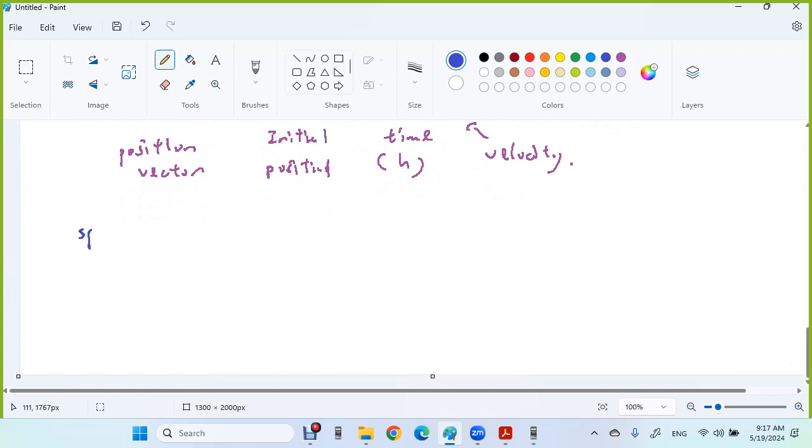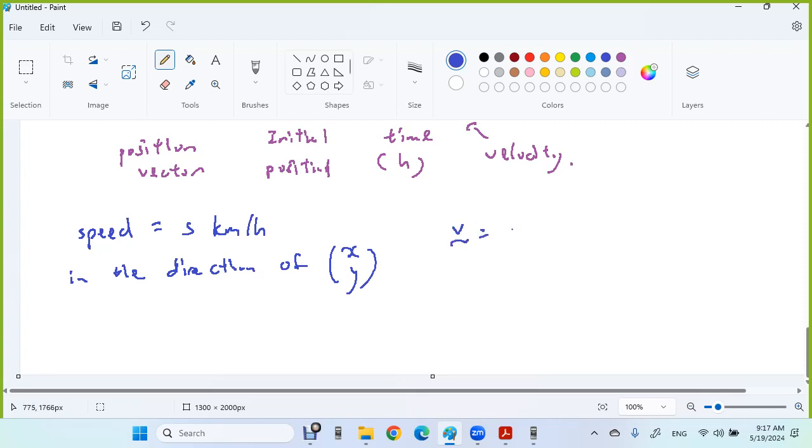Sometimes they will give us a speed, say s km per hour, in the direction of (x, y). Then if we want to find the velocity, the velocity will be the speed times the unit vector, which is (x, y) divided by the square root of x squared plus y squared.